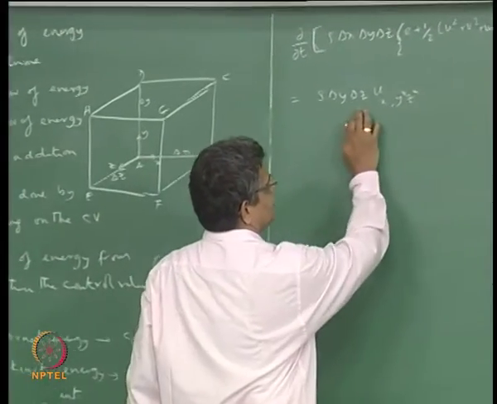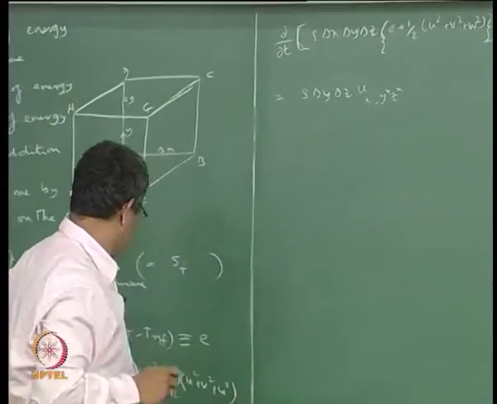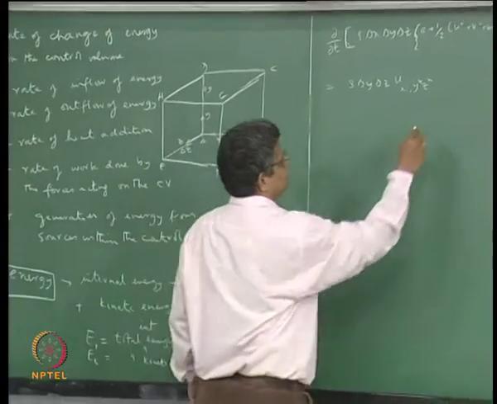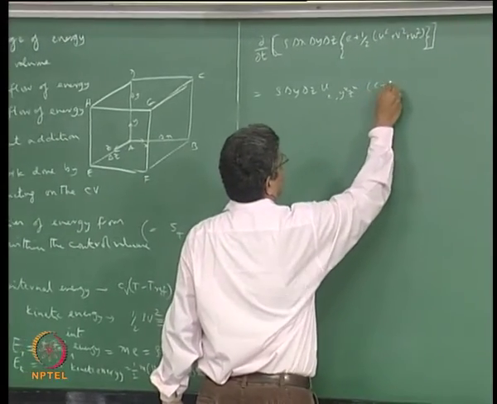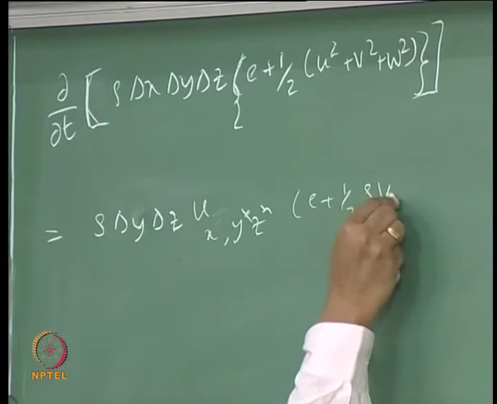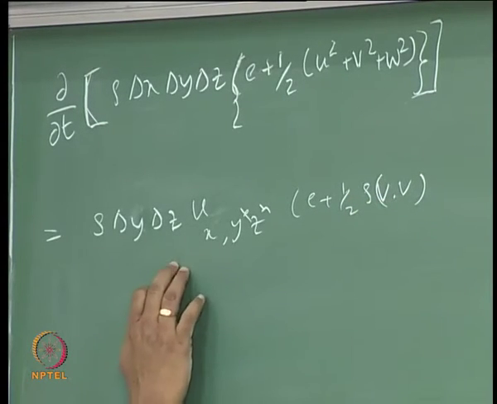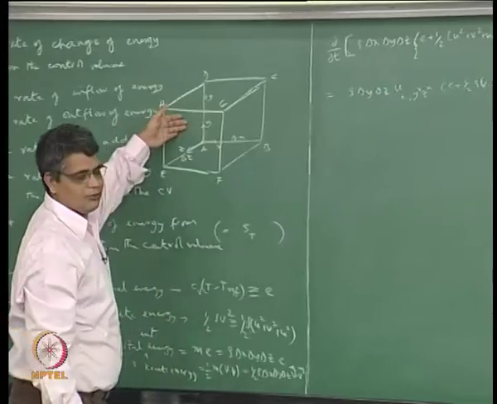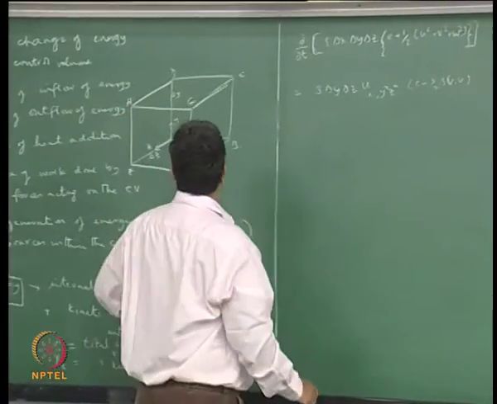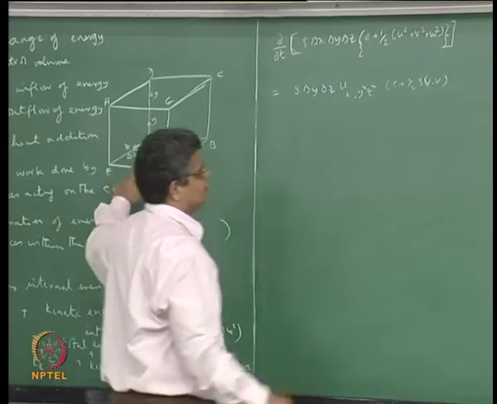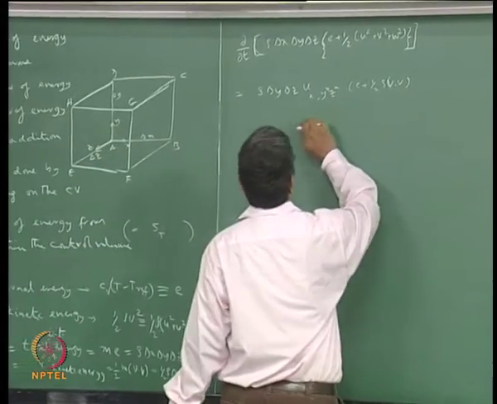So this is the flow rate times the specific energy that they are bringing in, which is e plus half v dot v. Okay, so this is what is coming in through the x face, that is the left face.